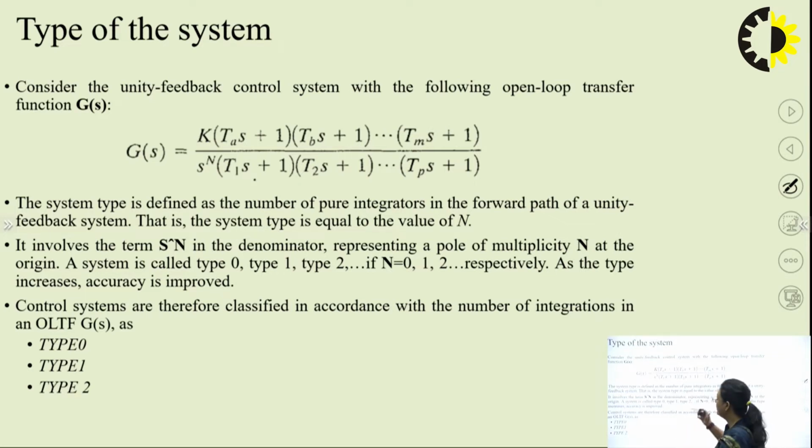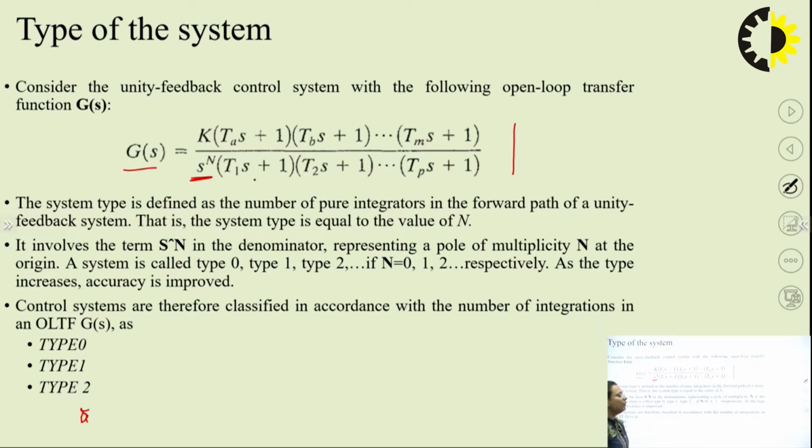So let us consider a unity feedback system which has open loop transfer function G(s) equal to K into (1 plus Ta s) into (1 plus Tb s) into (1 plus Tc s) and so on till (1 plus Tm s). In the denominator we may have s raised to the power n into (1 plus T1 s) into (1 plus T2 s) and so on. At the end we have (1 plus Tp s).